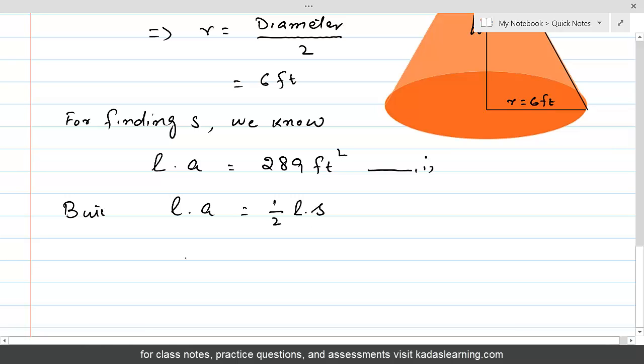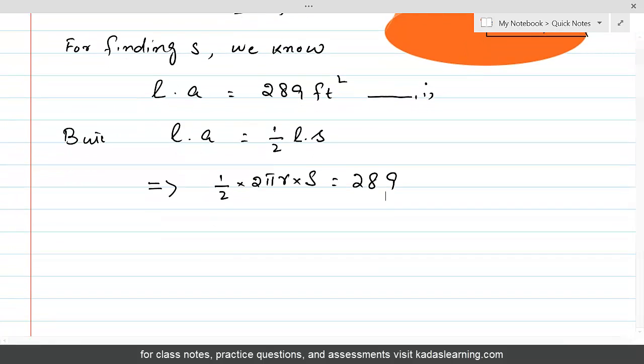So this means 1 by 2 L, which is 2 pi r, times S is equal to 289.